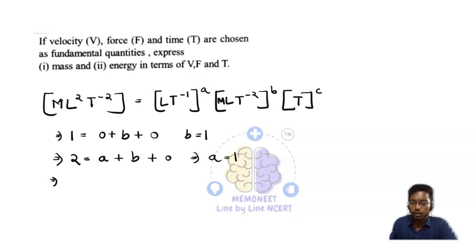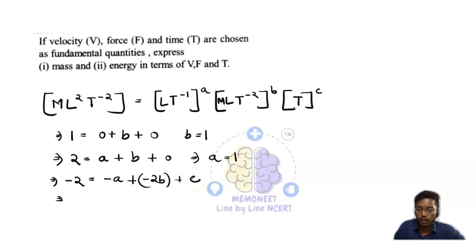For the third quantity, that is time, the power is minus 2 in the LHS side, which is equal to minus a plus minus 2b plus c in the RHS side. So the value of c, if we solve this by putting a and b, will be 1.